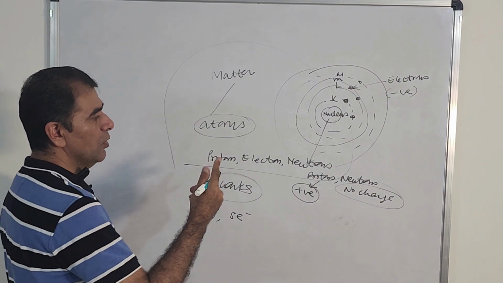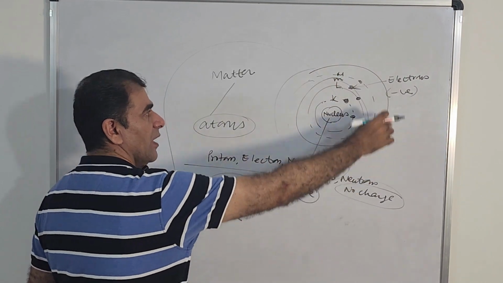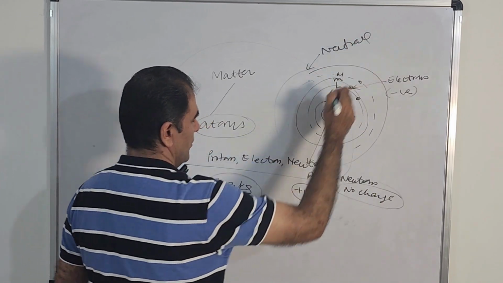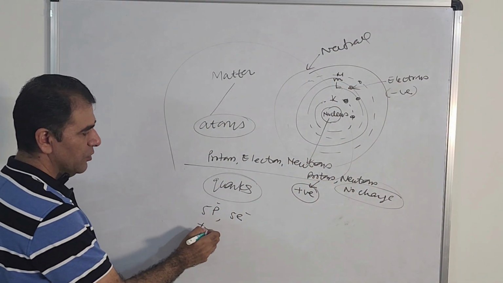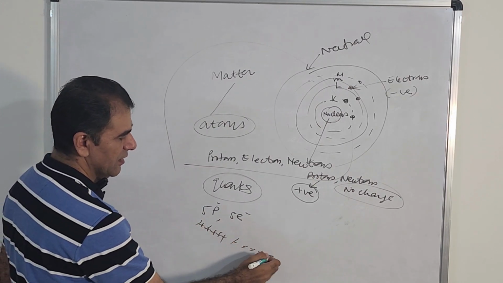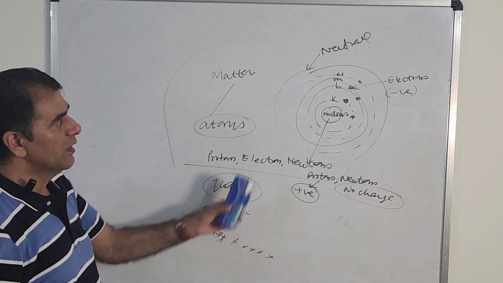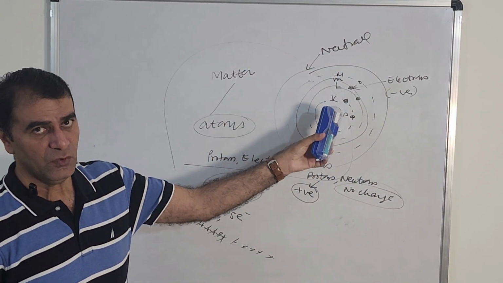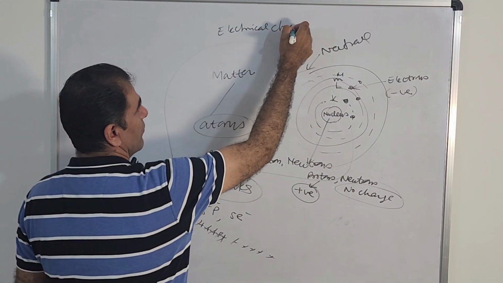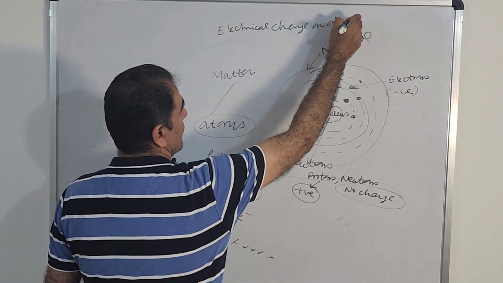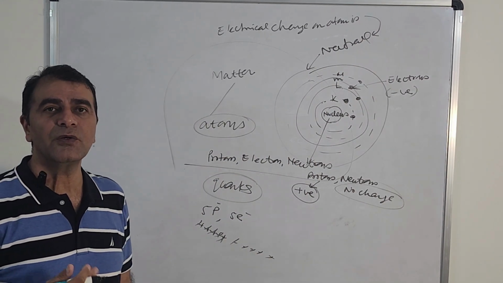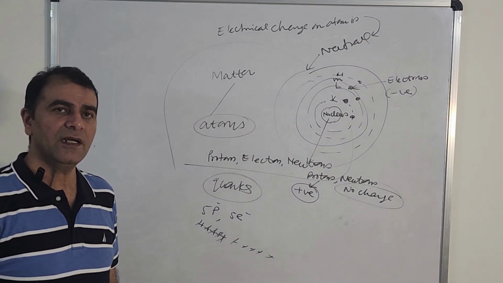So the atom as a whole is electrically neutral. Why? 5 positive charges and 5 negative charges get cancelled with each other. So the overall electrical charge on the atom is neutral. No charge on the atom exists.